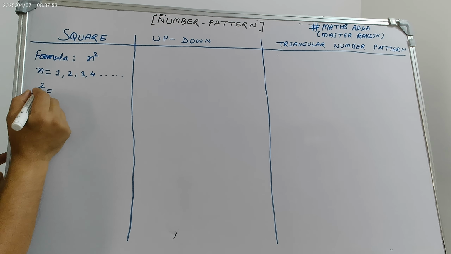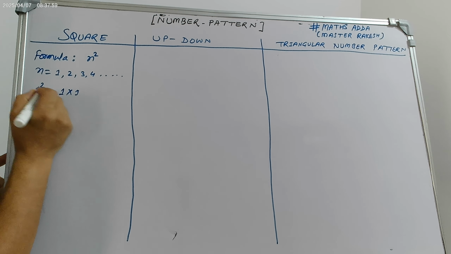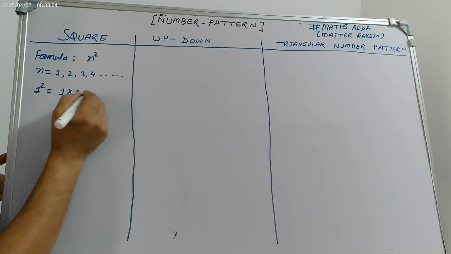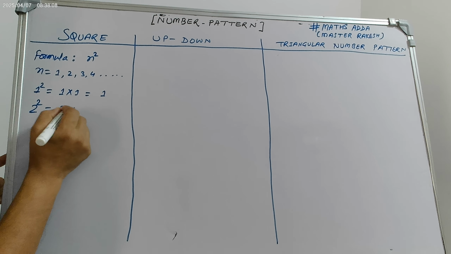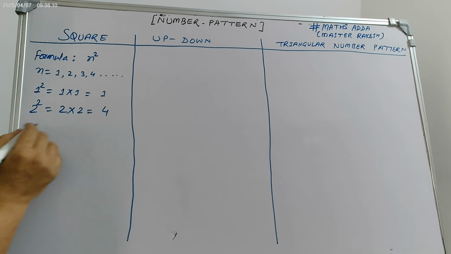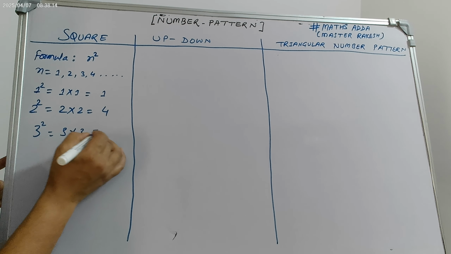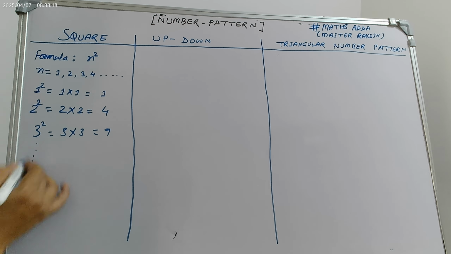Any number you are squaring, it means you are multiplying the same number twice. So 1 square is 1 times 1 equals 1. If I say 2 square, you say 2 into 2 equals 4. If I say 3 square, 3 into 3 equals 9. Similarly, it can go up to any counting number.